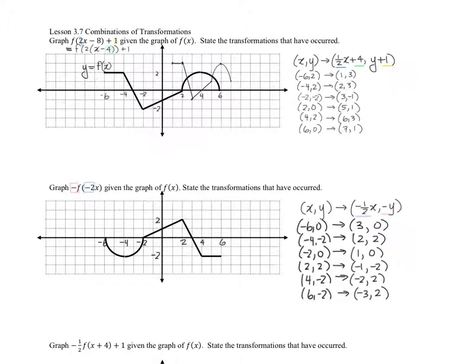So we're going to have (3, 0), (2, 2), (1, 0). Now, if you remember, these 3 points were part of the semicircle. So that means that these new 3 points are also my semicircle. So I'm going to have to draw my semicircle here.